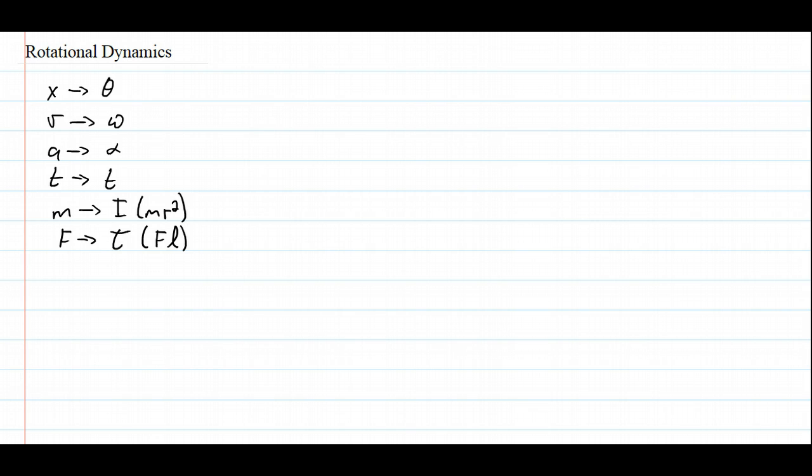So when we're using these, we can use our same old kinematic equations like x equals 1/2 a t squared, and we just replace it with our rotational quantities. So it becomes theta equals 1/2 alpha t squared instead. And we can do this with a variety of our formulas.